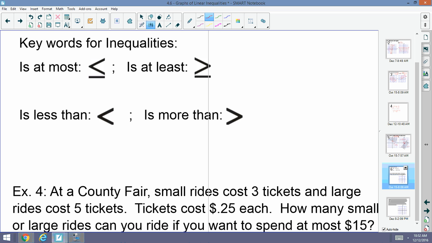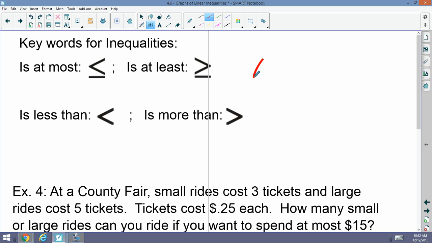Because I can say x more than 5. X more than 5 is just x plus 5. But if I said x is more than 5, then x is greater than 5. That is makes it an inequality. Please be cognizant of that.